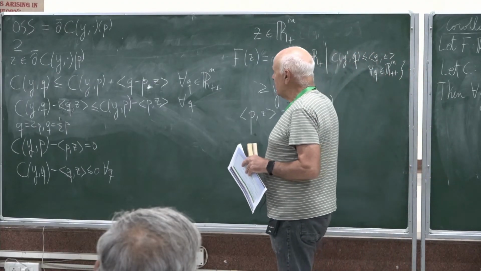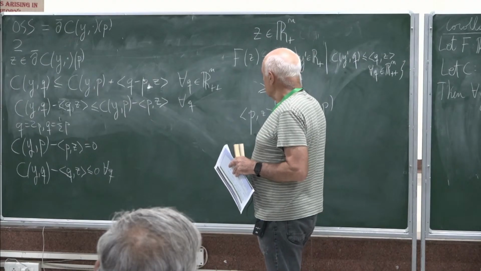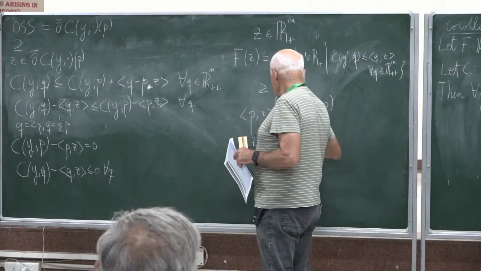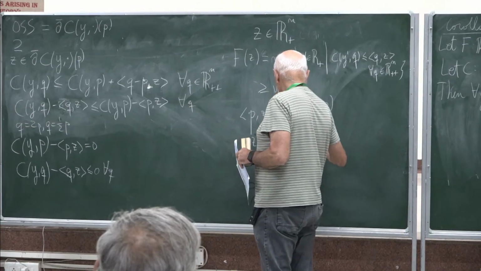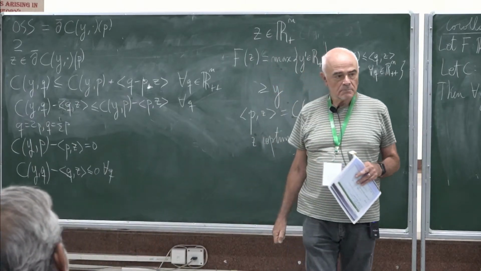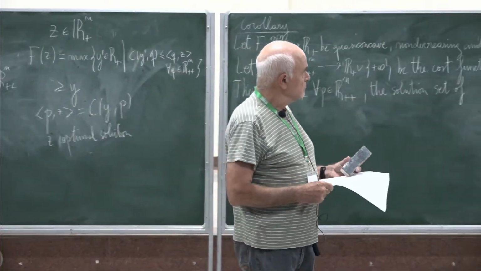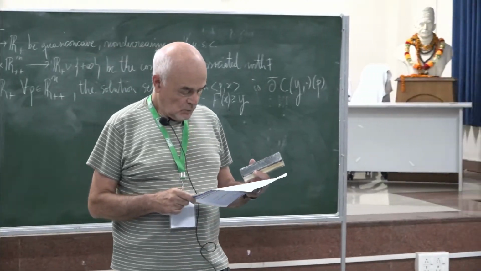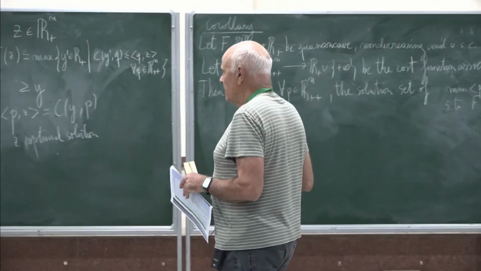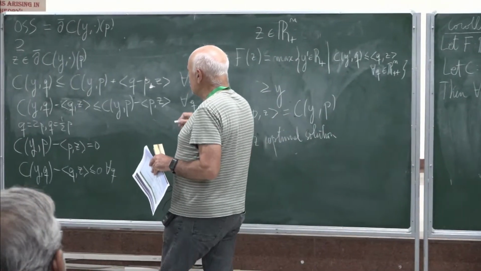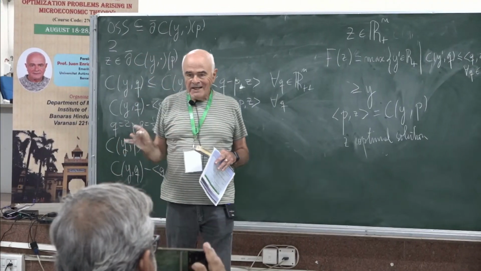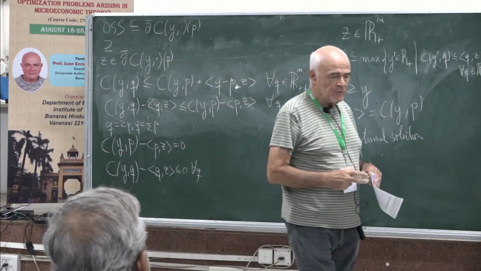So this means that z is an optimal solution. Okay? But we are going to use later that this inclusion holds for any production function, even if it is non-regular.